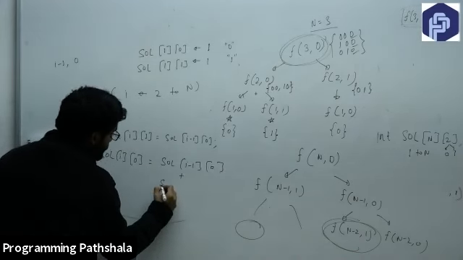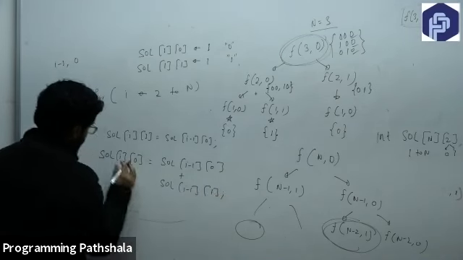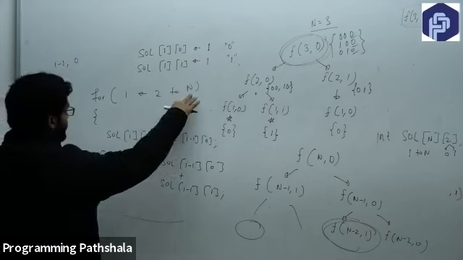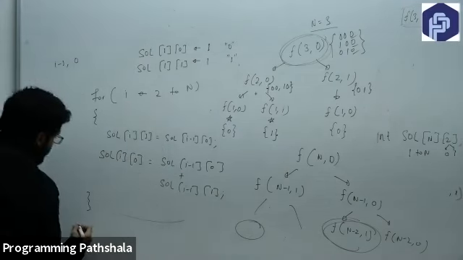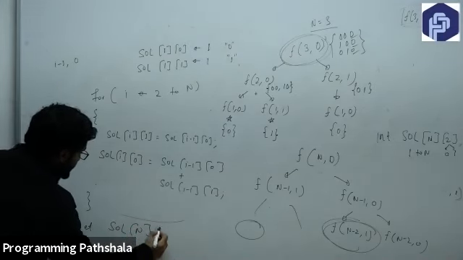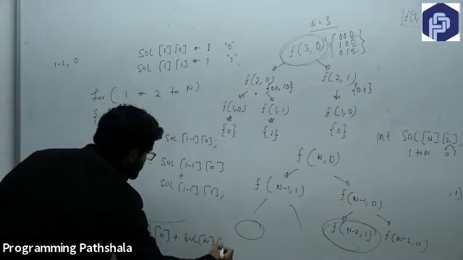And all those that are ending with 1 can also be concatenated with 0. Keep doing this on and on, and eventually you would have solved for i equals n also. So eventually what you need to return is solution of n,0 plus solution of n,1.